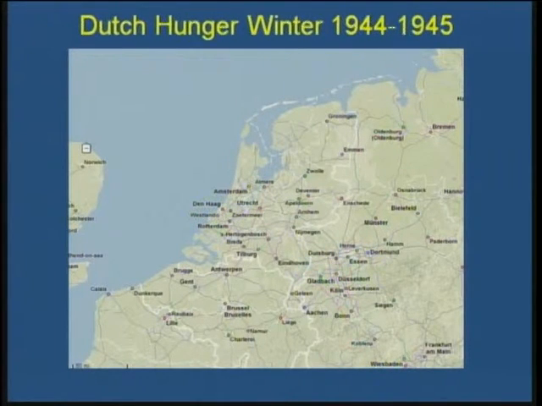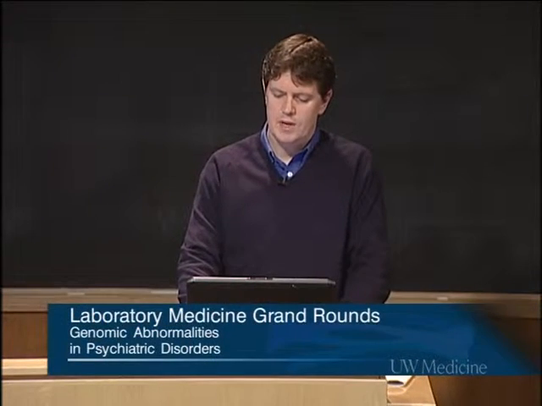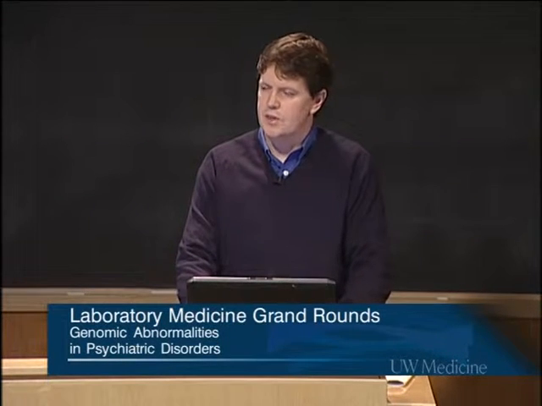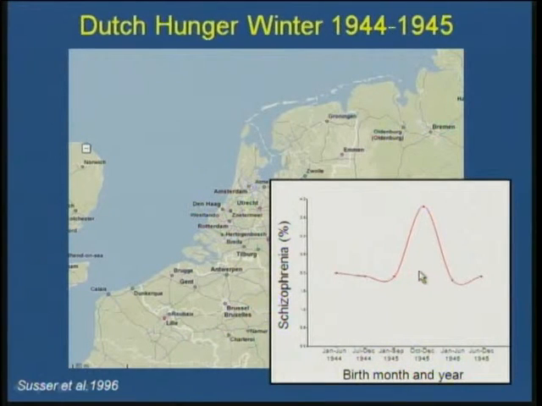But the patients were compared to another cohort in another part of Holland that wasn't subjected to famine, and there was a 2-fold increase in the onset of adult schizophrenia for that birth cohort that was conceived during the worst part of the famine.